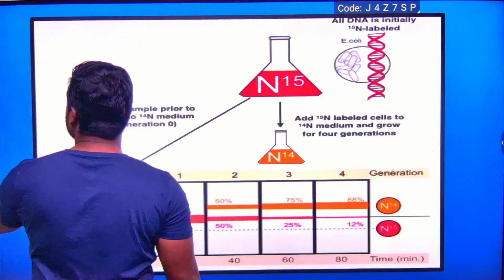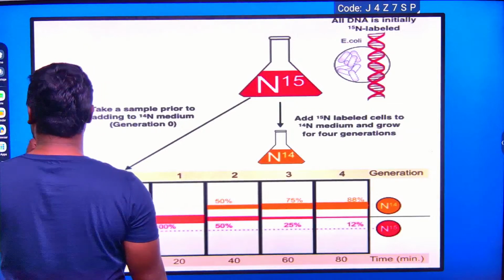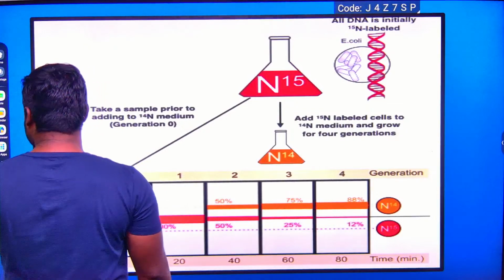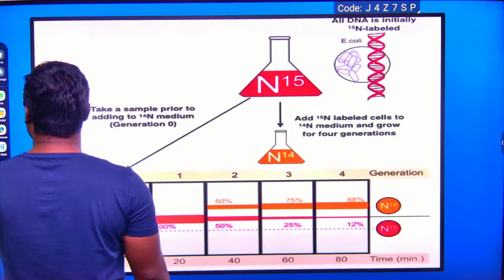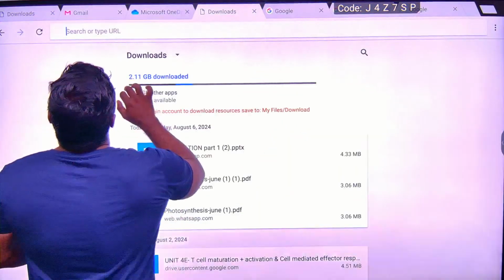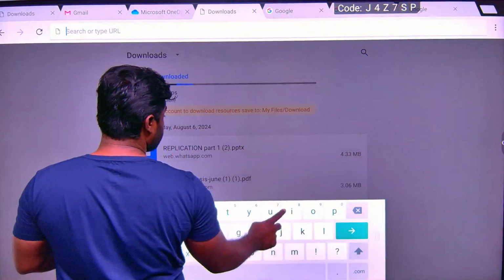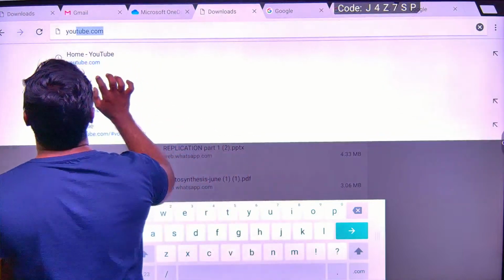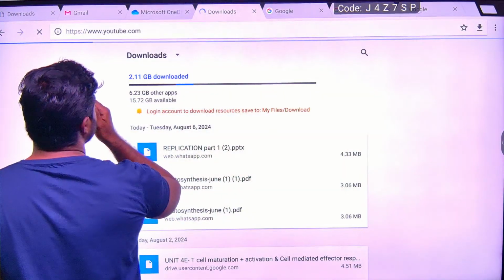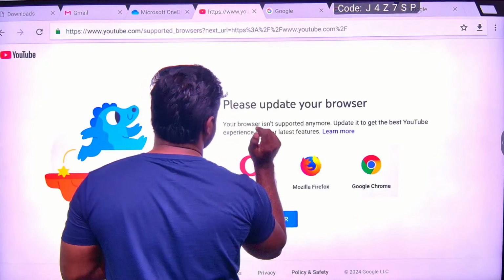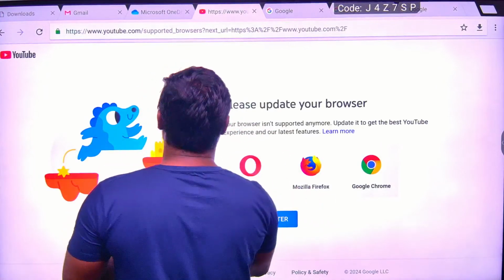Good, very good. Anyway, we'll see a little bit of animation also, and then you people will get a very good idea. Many good animations are there, but you follow this very effective animation of semi-conservative replication.